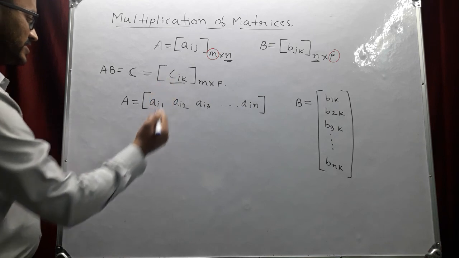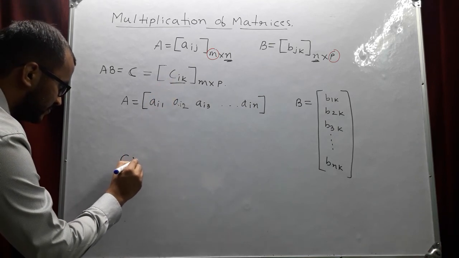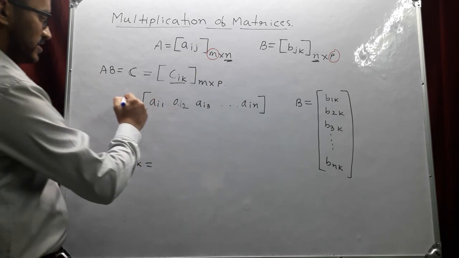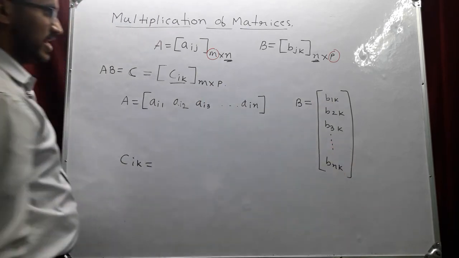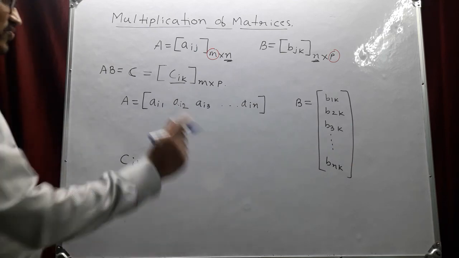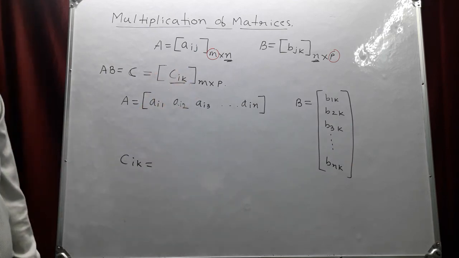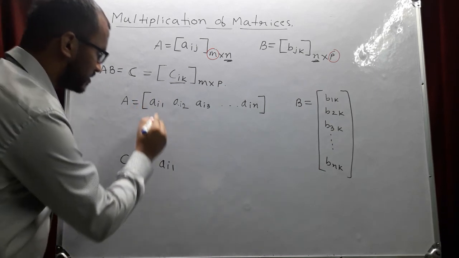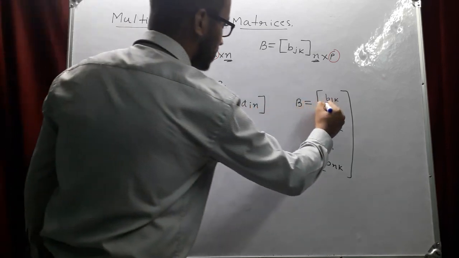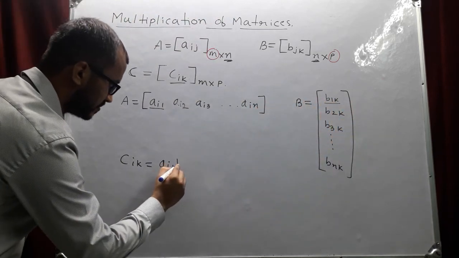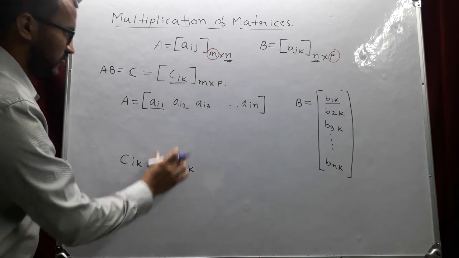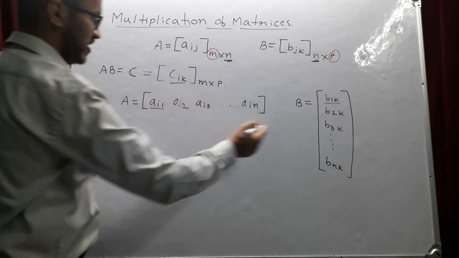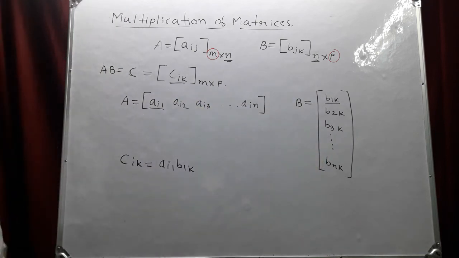Now the element Cik is obtained by multiplying this row with this column element wise. First we have to multiply element wise, then we have to take the sum of these products. That is Ai1 into B1k. We are finding the product of this row with this column element wise.